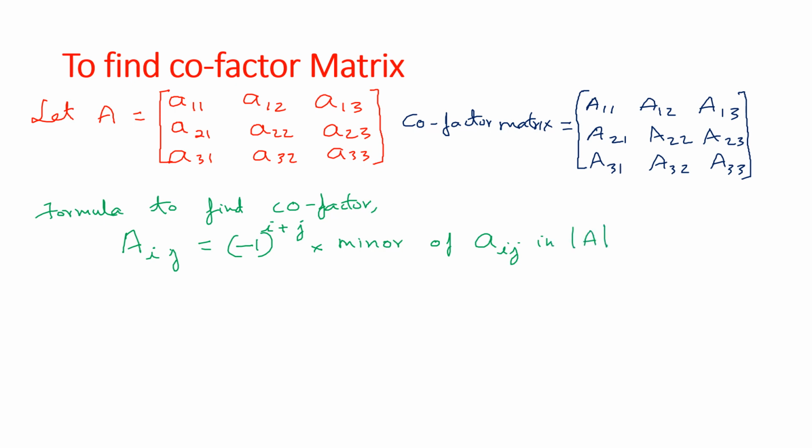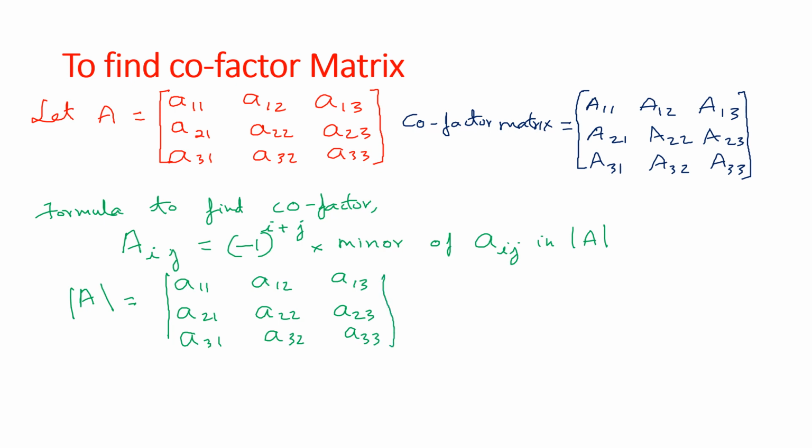Okay, so now let me write the determinant A like this. Determinant A as A11, A12, A13, A21, A22, A23, A31, A32, A33.